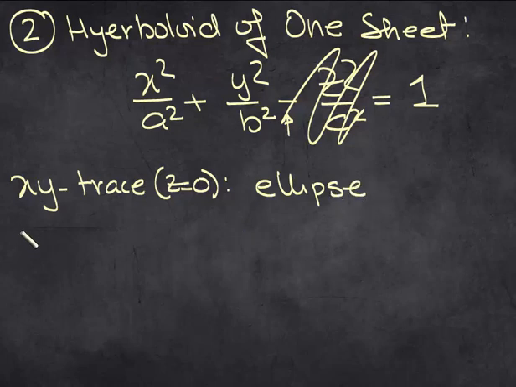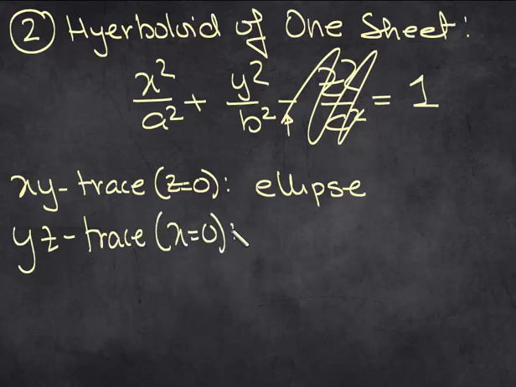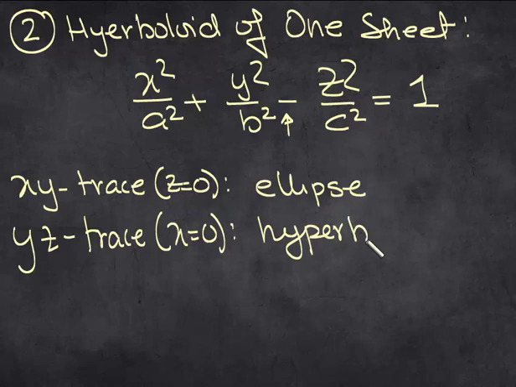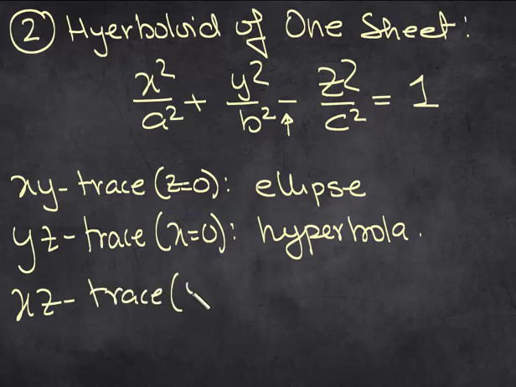If I take a look at the yz trace, I take x is 0. What do I get this time? A hyperbola. And if I take a look at the xz trace, I take y is 0.